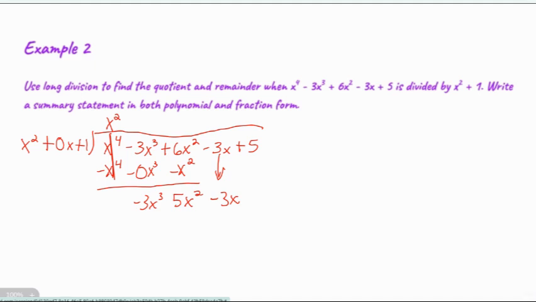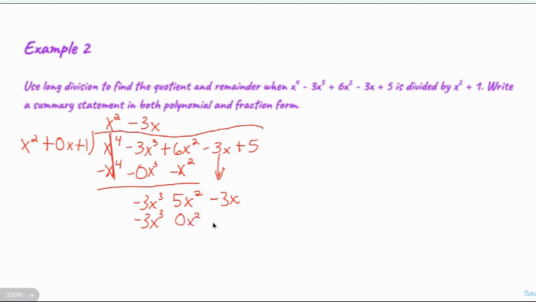All right. Now on to the next term. We're going to take x squared and multiply it by something to give me negative 3x cubed. Well, that would just be a minus 3x. Negative 3x cubed. 0 times negative 3 would be a 0x squared.